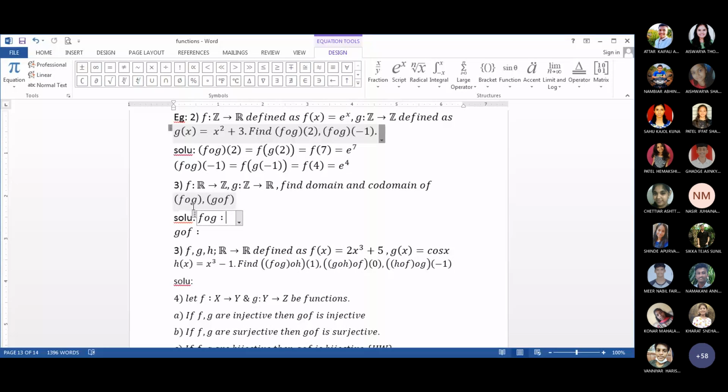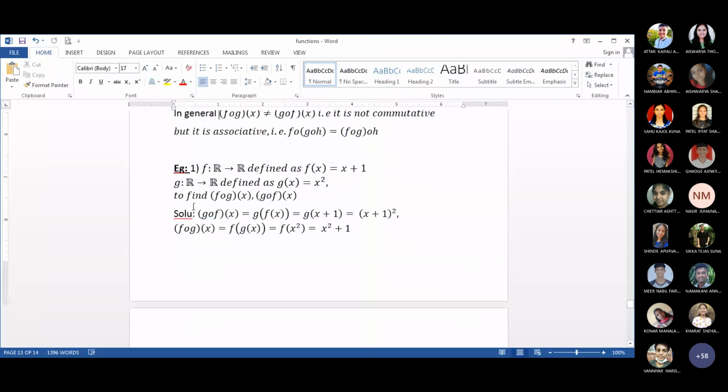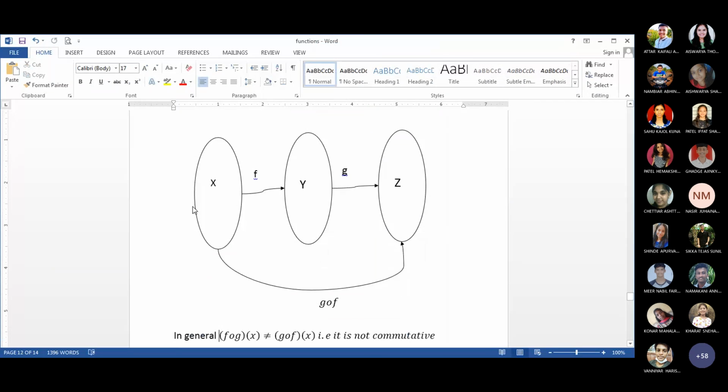If you want, I can show that diagram. This is the diagram for g composed with f. f is a function from X to Y. g is a function from Y to Z. So g composed with f is a function from X to Z. So considering this diagram, give the answer of the second sum.